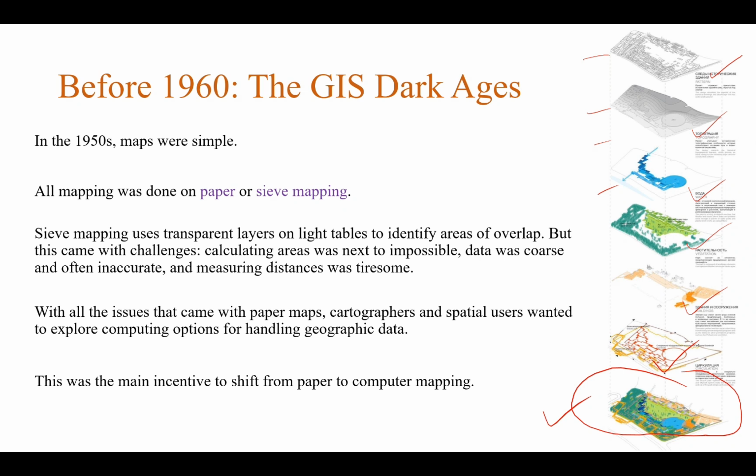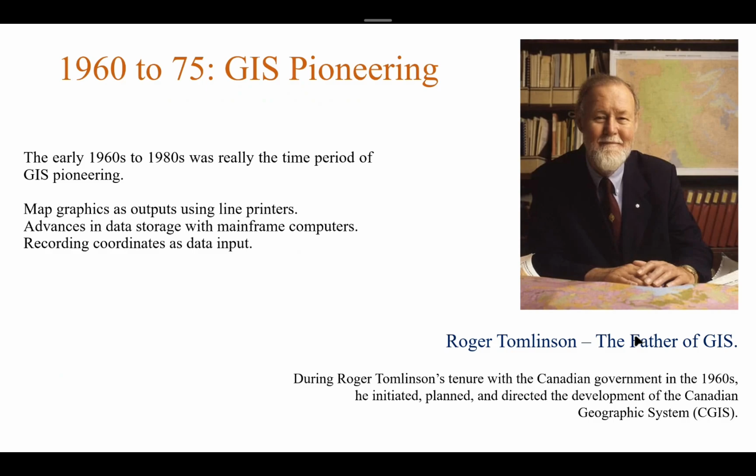So people wanted to move on from the traditional way of making maps, and that is where GIS has come in. So from the 1960s to 1975, there was GIS pioneering. Roger Tomlinson, the father of GIS, is a Canadian. He worked with the Canadian government, and he initiated, planned, and directed the development of the Canadian Geographic Information System at that time.